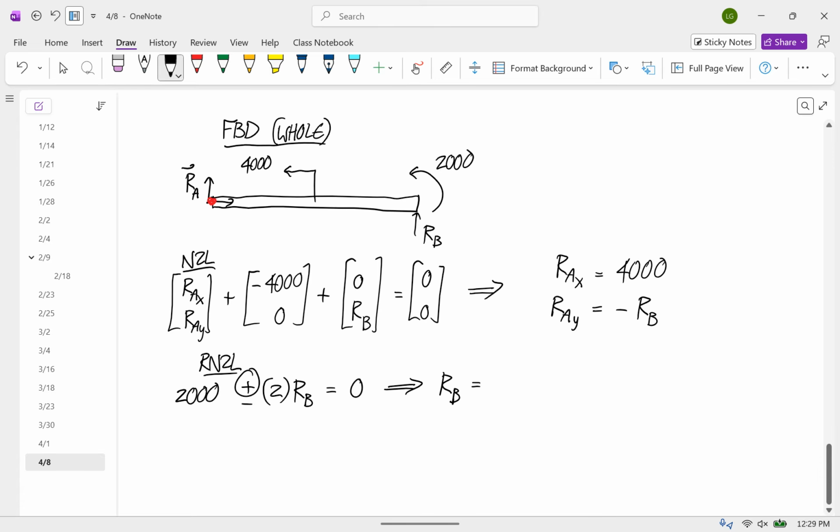So RB is equal to negative 2,000. And that's where the problem would have come in with the roller, that a roller can't produce a downward force. Would you be 1,000? Yes, I'm using the new math. And then RA is 4,000, positive 1,000.